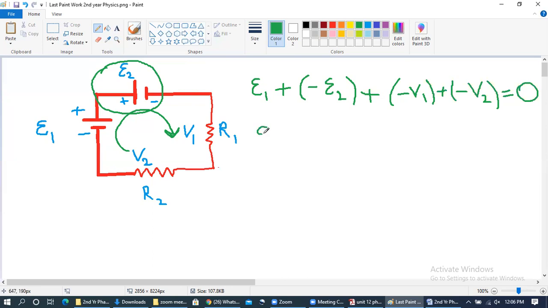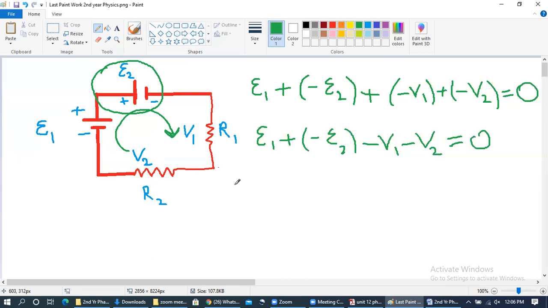And you may also write this equation as epsilon 1 plus negative of epsilon 2 minus V1 minus V2. These are not small v1 and v2, these are capital V1 and V2.